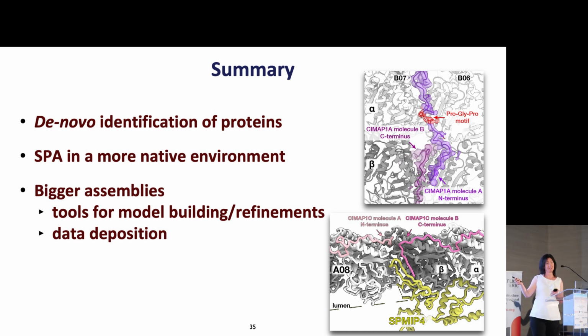And yes, it is possible to do bigger assemblies, but I think the field can use more tools for model building and refinement. We cannot, for example, refine this whole structure in one go. We have to cut it into 2 pieces, 2 million atoms each time, and even that takes 3 or 4 days running on Phoenix for each part to refine, so it's quite a headache. And I already mentioned the data deposition.